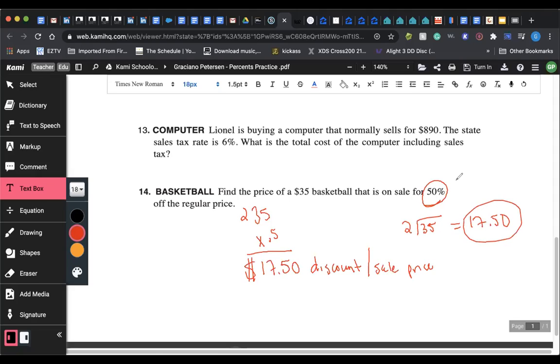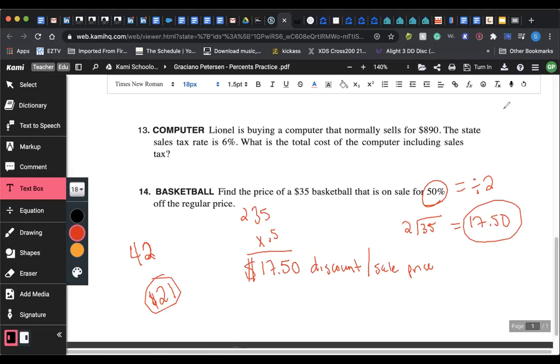Okay, so 50% is the same as a division by 2. If you're working with an even number, it's easier to look at it that way. So if I tell you that something is 50% of $42, you're like, oh, so it's 21 bucks, okay? So 50% is just a division by 2.